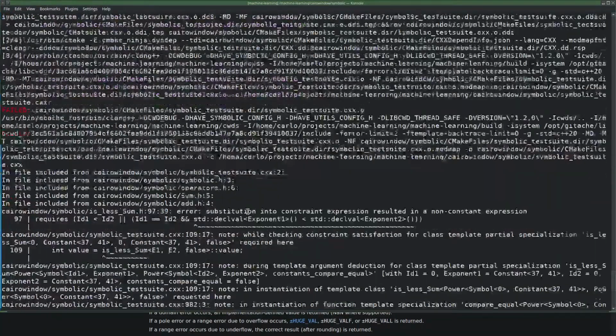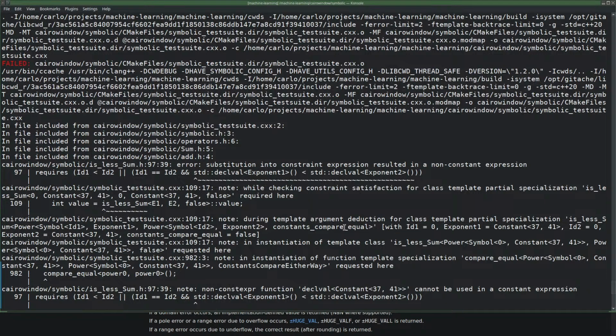It doesn't even compile this time. Substitution into constraint expression resulted in a non-constant expression, while checking constraint satisfaction for class template partial specialization is less than some ID constant false required here, during template argument deduction for class template partial specialization.